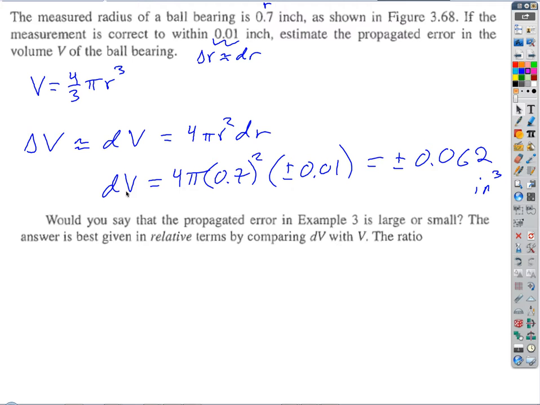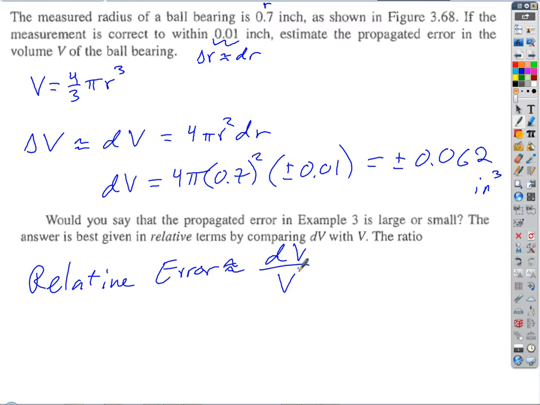So the relative error is going to be approximated by dV over V, right?